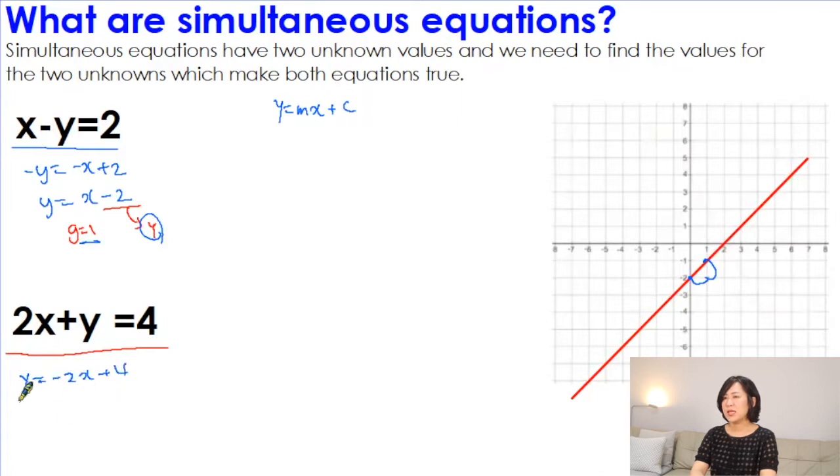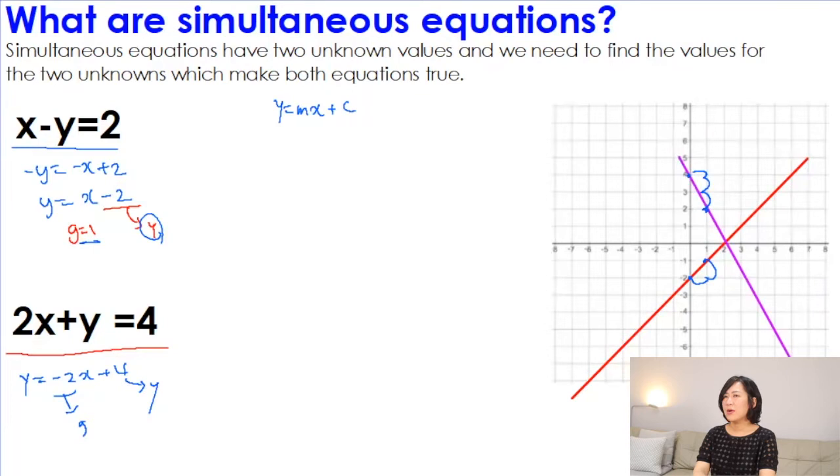Then identify our y-intercept and gradient, and draw this graph as well so that we can see the solutions. Starting at the y-intercept 4, then 1 right and 2 down. That's our gradient. Then let's connect these two points together.